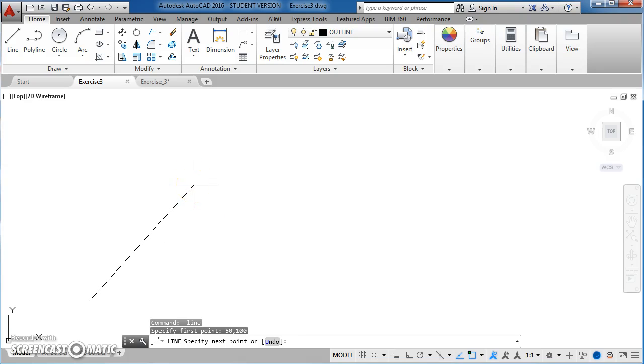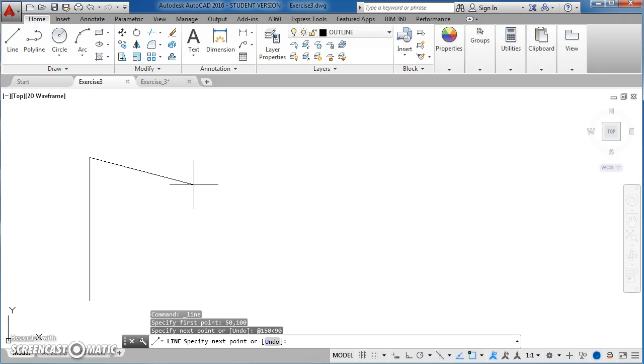The next one is a relative position, so you type the @ symbol. Now it asks for the length of the line, and it's 150, the angle symbol, and then what angle is that line? It's traveling in a 90-degree direction. Press the enter key, and we've got our first point.